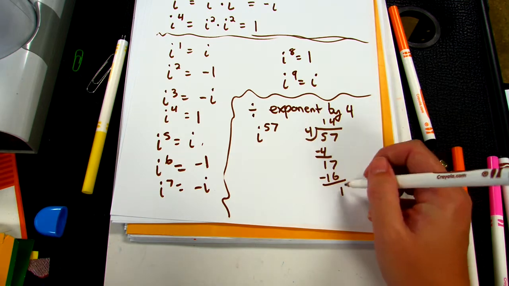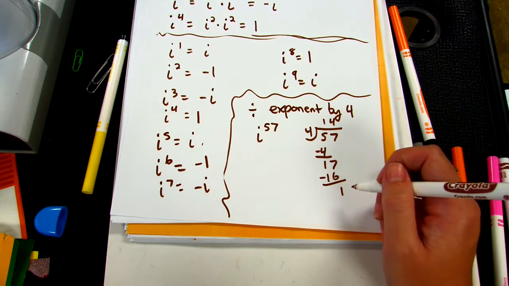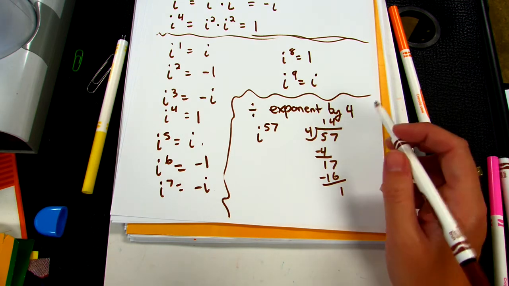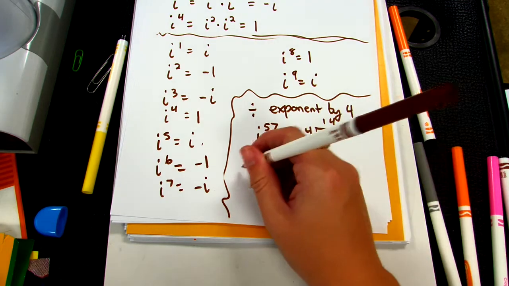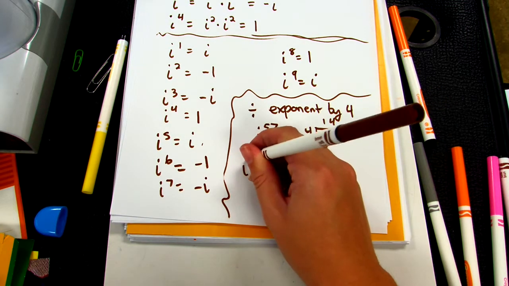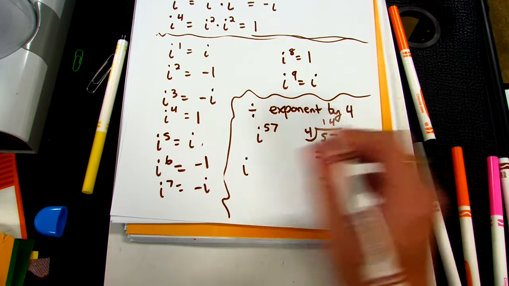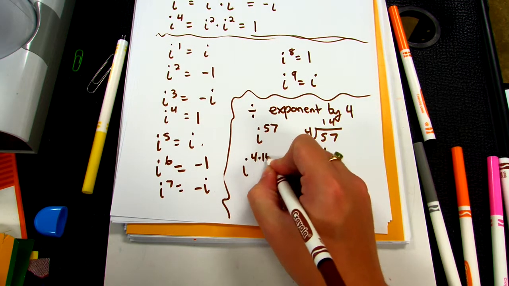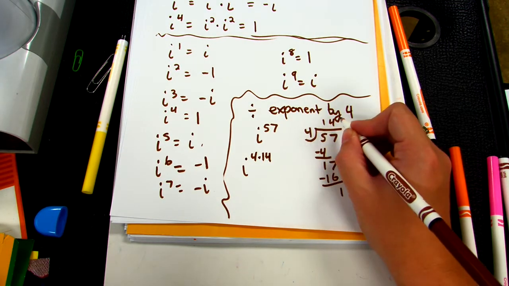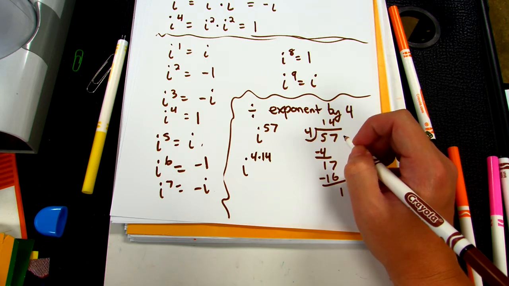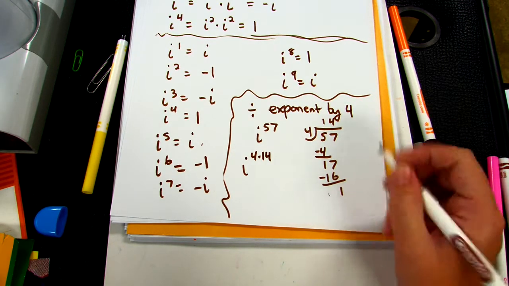Okay, so that means that we have 4 times 14, right? We have i to the 4 times 14. But then we also have this +1 right here, right?